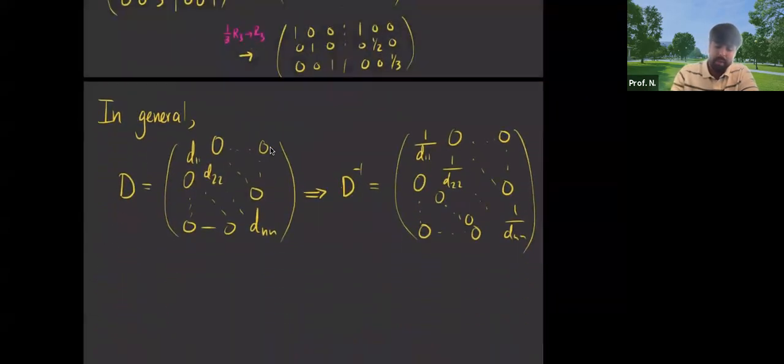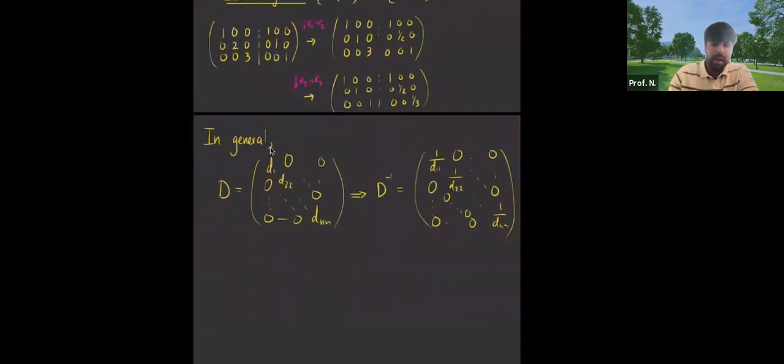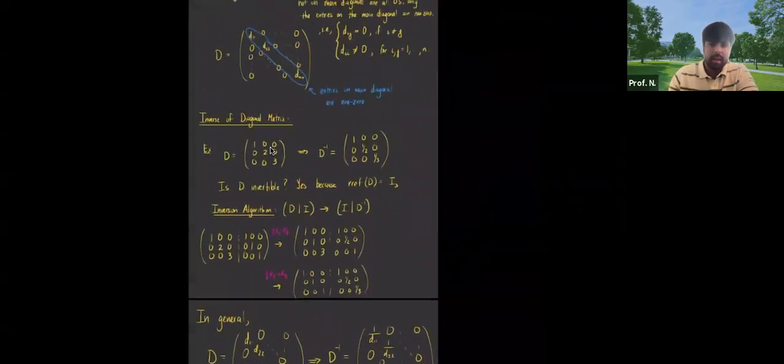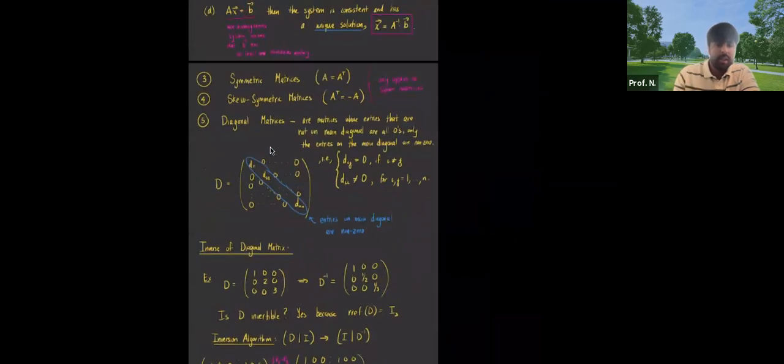Good? So we have diagonal matrices, which are a subset of square matrices. And I'll make a note of that.